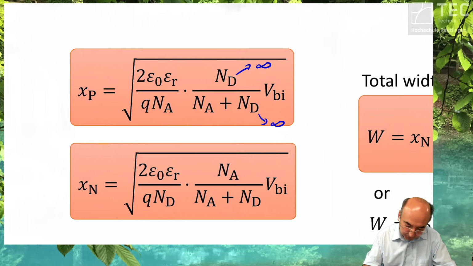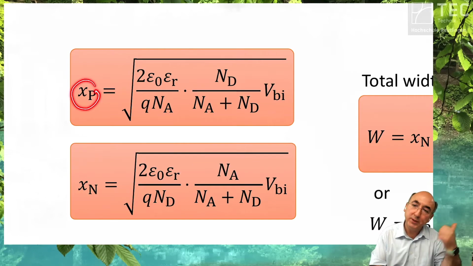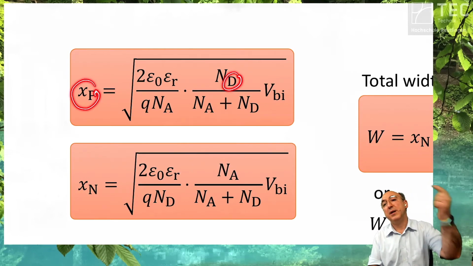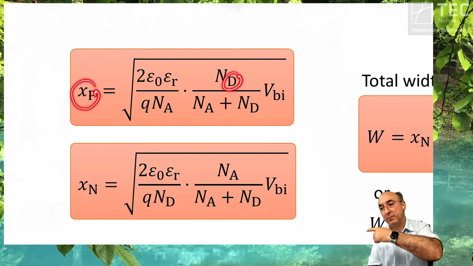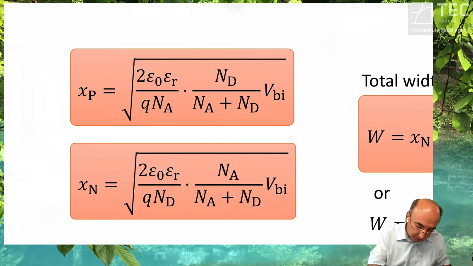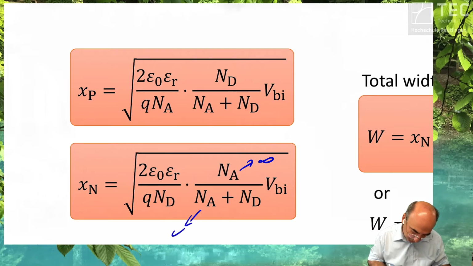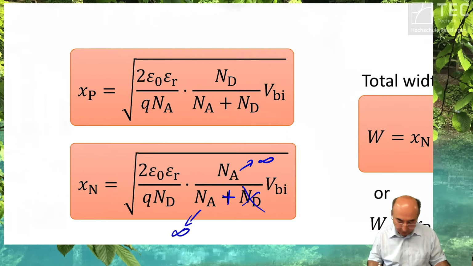If your dopings are not heavily different, then the penetration into one direction is also dependent on the doping level of the other side. Okay, and vice versa. If your doping concentration in the p-type goes to infinity, then the small plus N_D is not relevant.